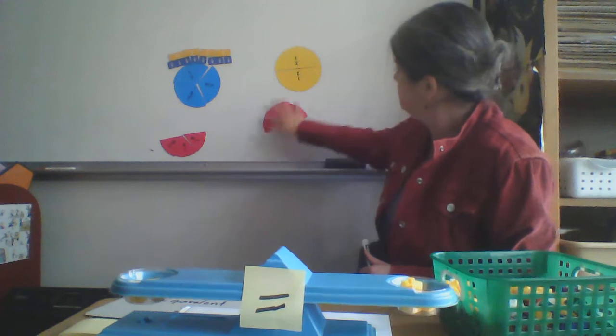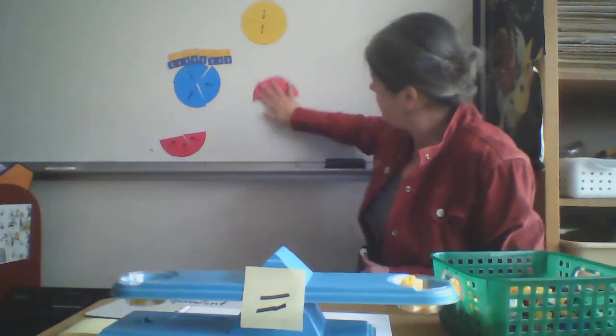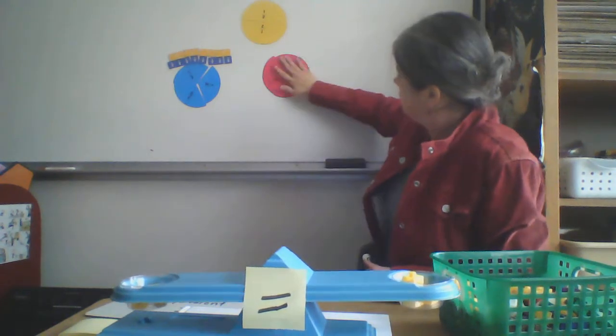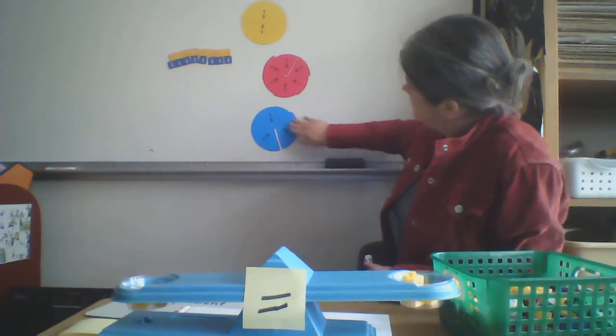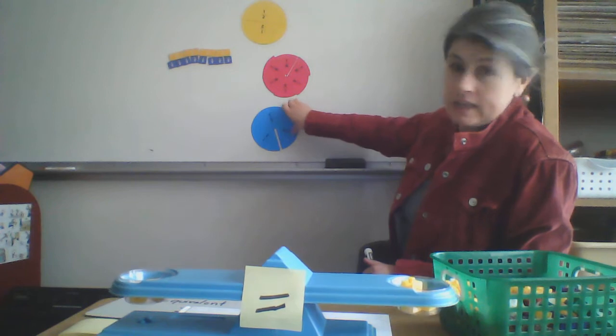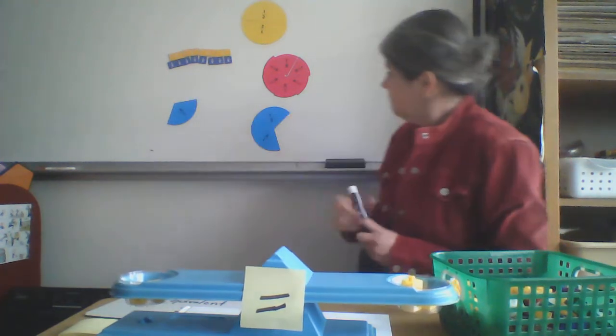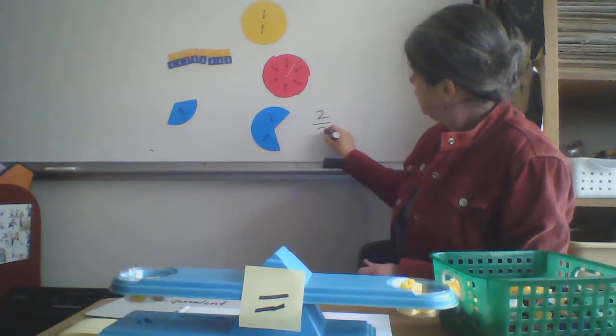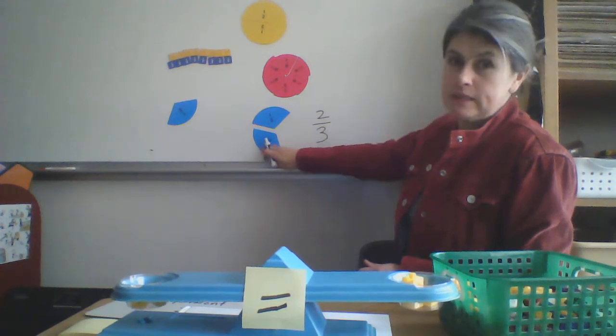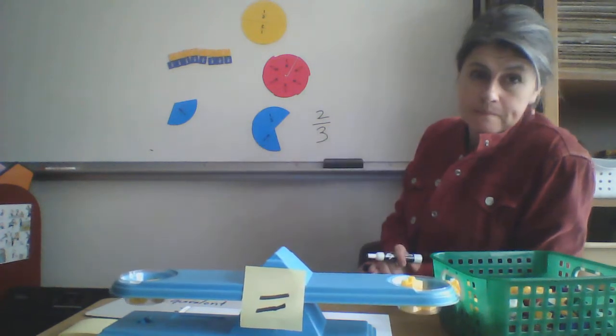This time, I'm going to talk about this one. I'm going to say I have the fraction 2/3. I have 2 pieces out of a total of 3. And I want to have an equivalent fraction.